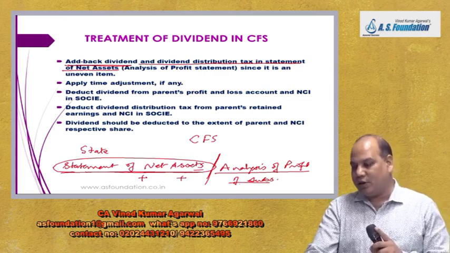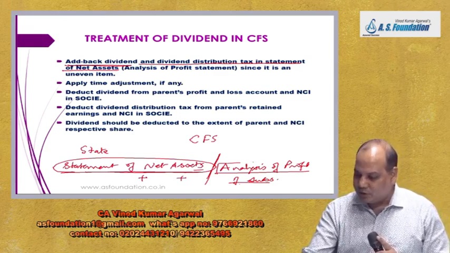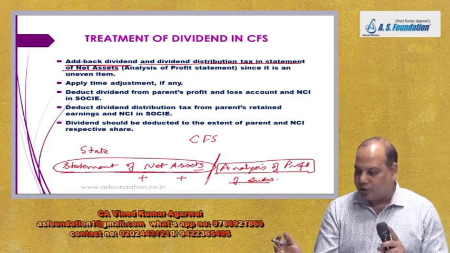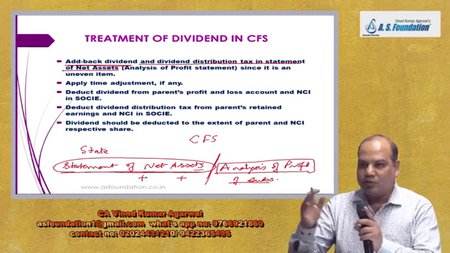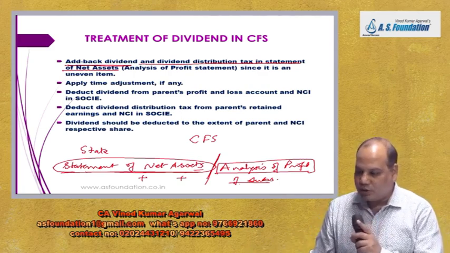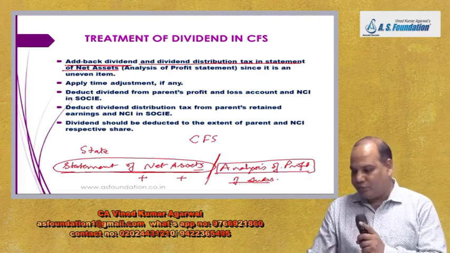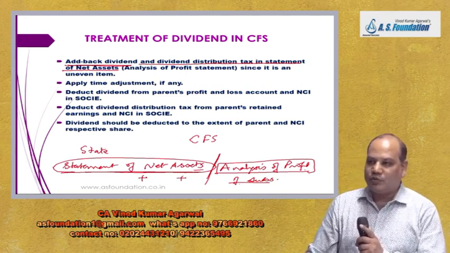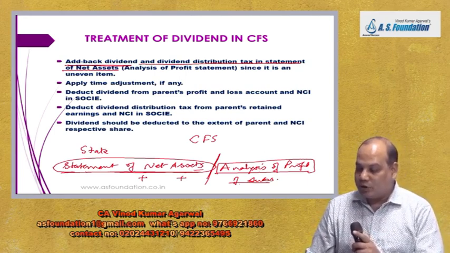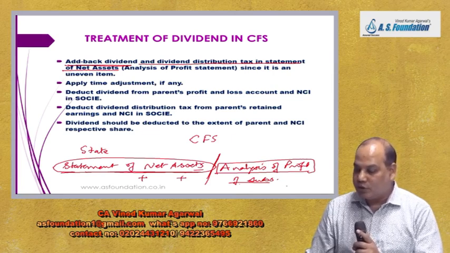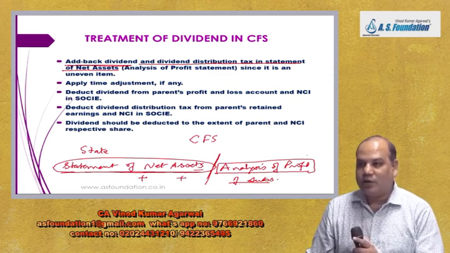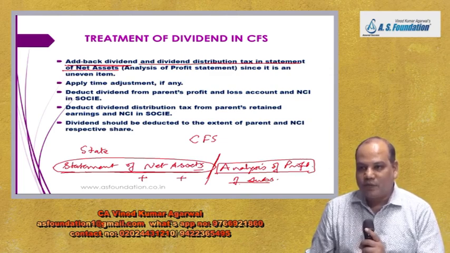This statement is prepared for analyzing the profit of subsidiary. How much is pre-acquisition, how much is post-acquisition, and making some adjustment in pre-acquisition and post-acquisition. Pre-acquisition will affect goodwill calculation. Post-acquisition will affect the NCI figure and our consolidated reserve figures also.